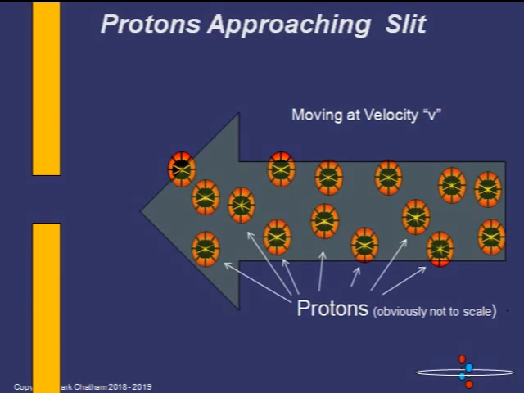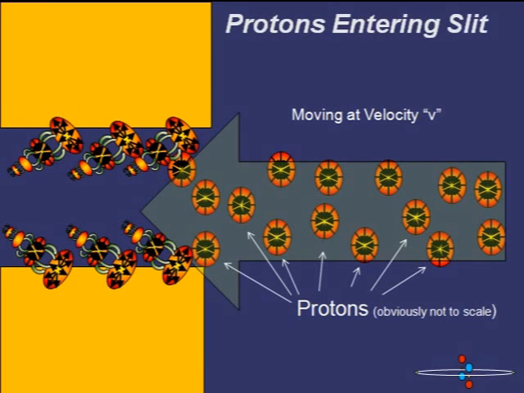But let's see what happens as they approach the slit. See, the electrons that are on the outer shell of the metal of the slit are also moving in a circular fashion. And at the edges of that particular slit, the protons that are on that edge are first encountering the electromagnetic tails from the electrons.